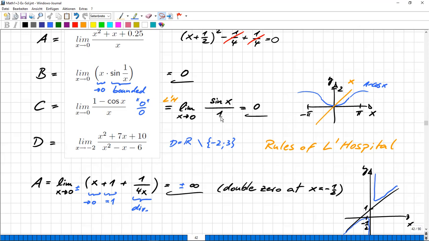And in the end, this means I get a clean case of 0 over 1, which is 0. And so it's not 0 over 0 anymore. It's just a clean 0. And this is really a valid proof for the fact that this expression approaches 0 at x equals 0. And this is sort of my way of explaining why this is so.